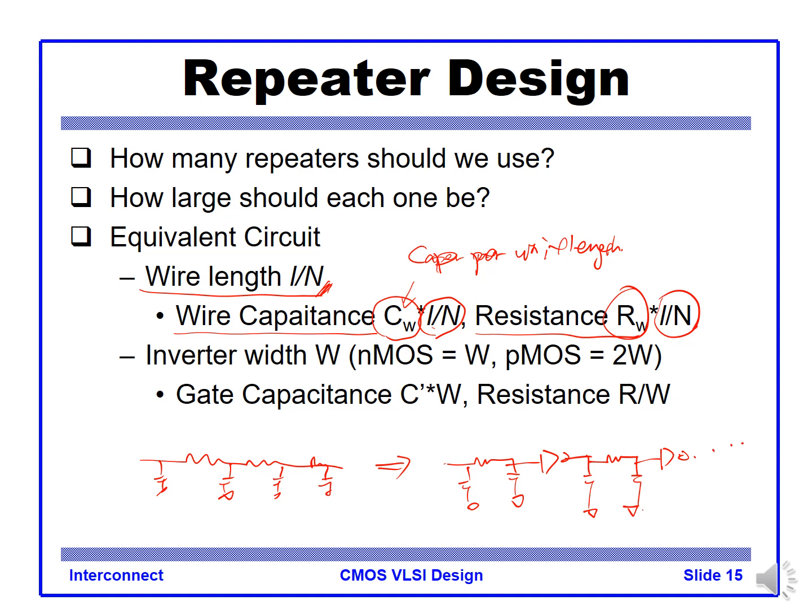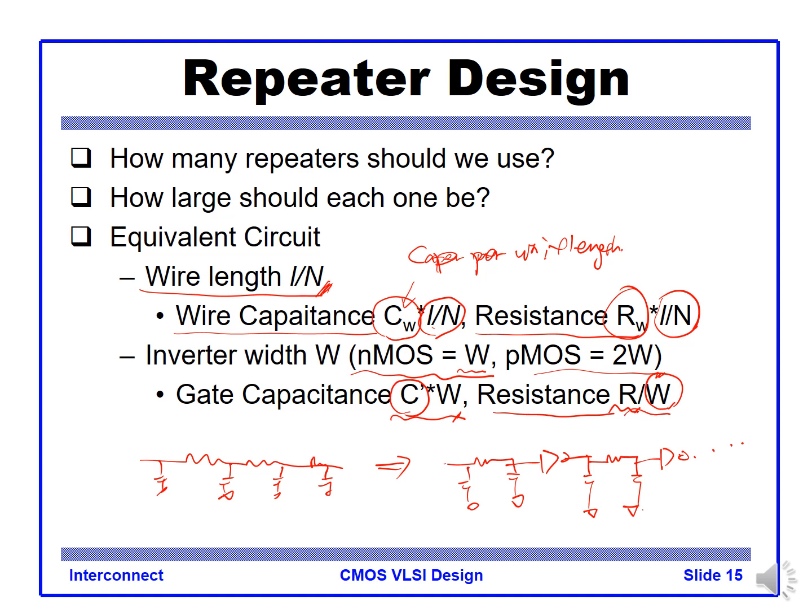For the inverter width, the NMOS device size is W, and then the PMOS device will be 2x larger because of the mobility ratio. Once we determine the NMOS size, we know the gate capacitance, where C prime is the capacitance per unit width. Resistance is similar: the larger the width, the smaller the resistance.